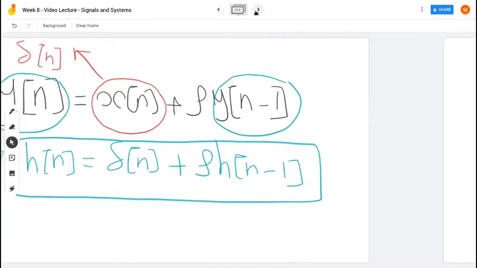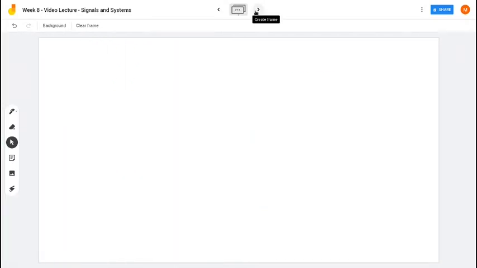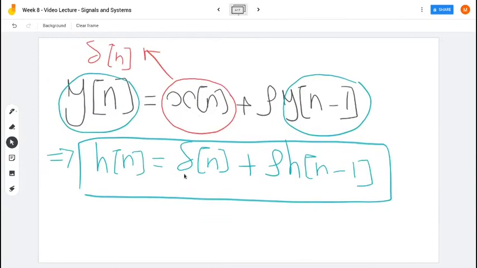Let's start with the time instant n equal to 0. Now we need to evaluate this equation at n equals 0. In order to do that, let me remind you of the impulse function.